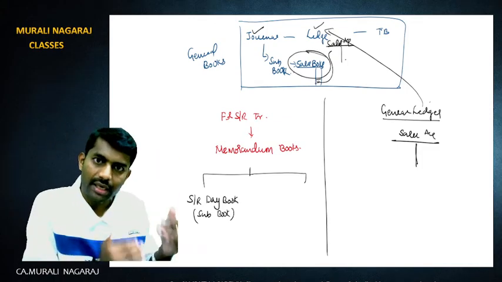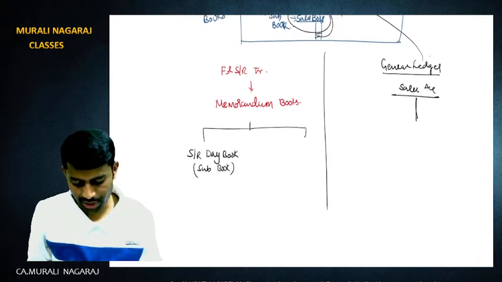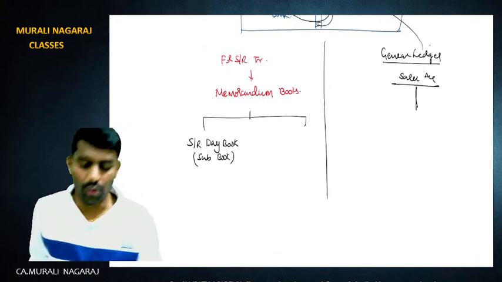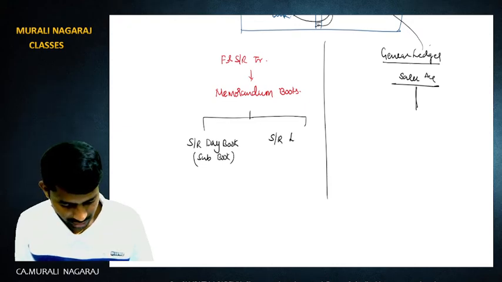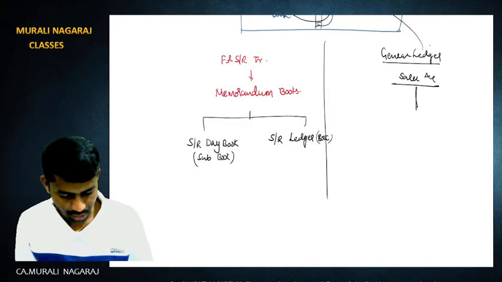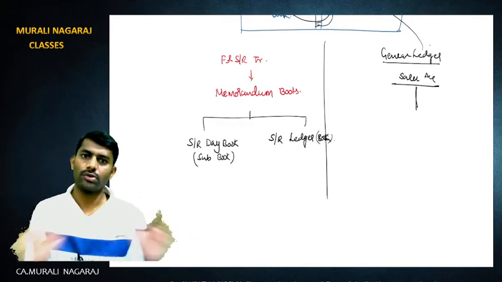Like that, for sale or return transactions, one subsidiary book I will open and a corresponding sale or return ledger. That is also called the sale or return book.